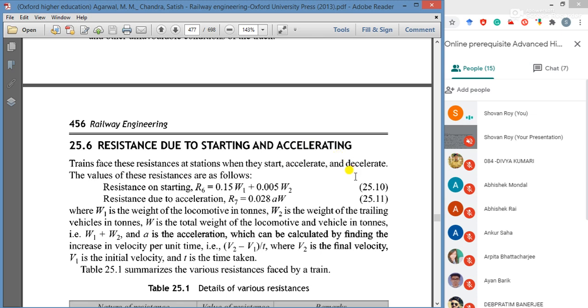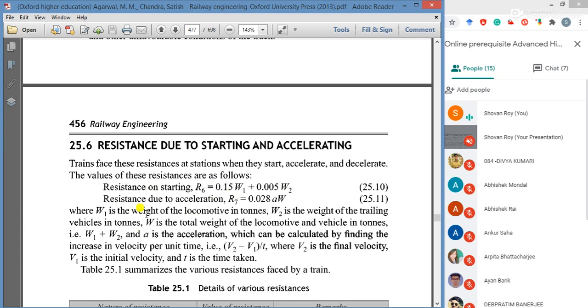Now the resistance due to starting and acceleration, R6. Trains face this resistance at stations when they start, accelerate and decelerate. The values of these resistances are as follows. Resistance on starting, R6, is 0.15 W1 plus 0.005 W2. Resistance due to acceleration is R7.